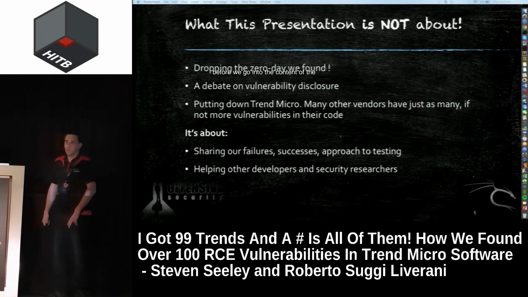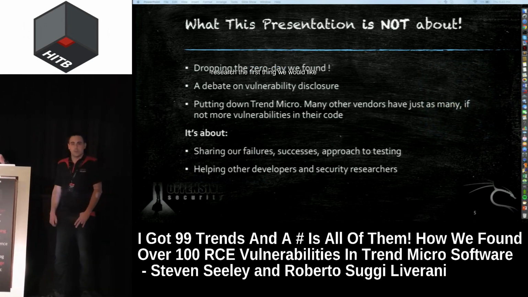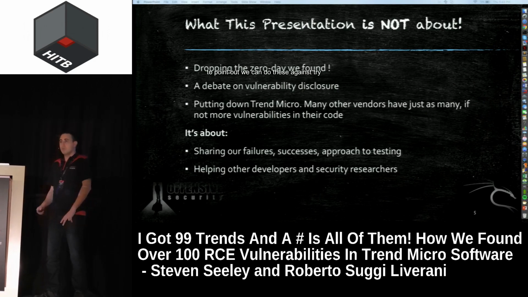Okay, a bit of disclaimer before we go into the content of the research. The first thing we would like to point out is that we didn't do this against Trend Micro. We have nothing against Trend Micro. We don't want to put down Trend Micro. We strongly believe that given enough resources, assets, time, and people, you can find a similar number of vulnerabilities, if not more, affecting other products.